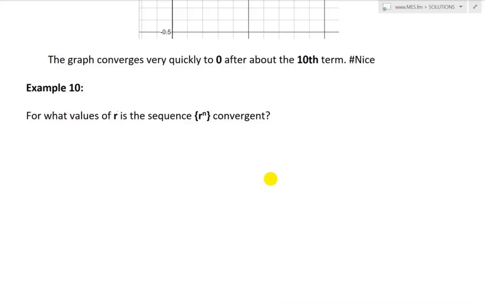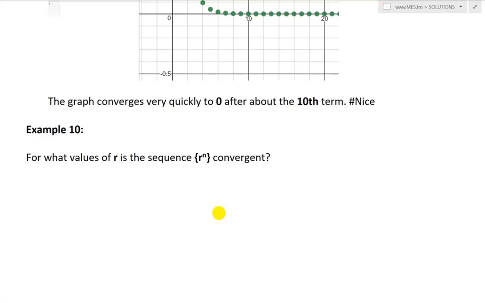This is example 10, and this one we're asked, for what values of r is the sequence r to the power of n convergent? So this one here is very interesting. I've actually covered this in my earlier videos, so I'll just put a recall.